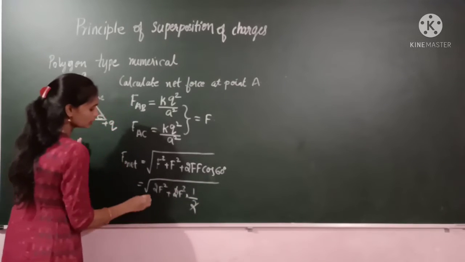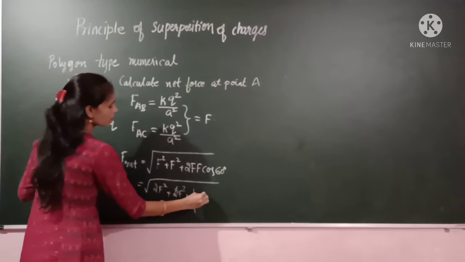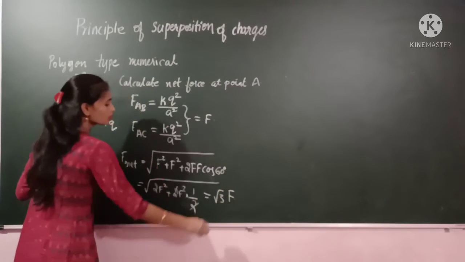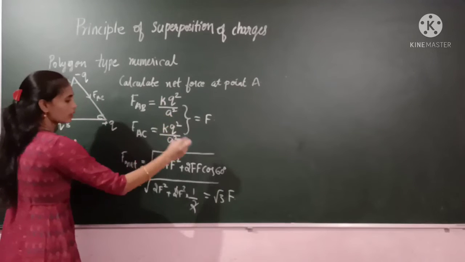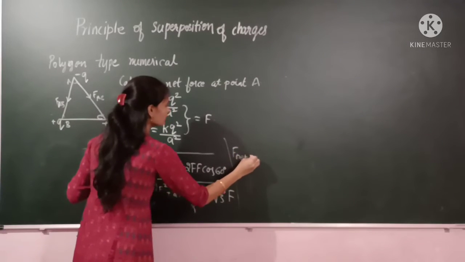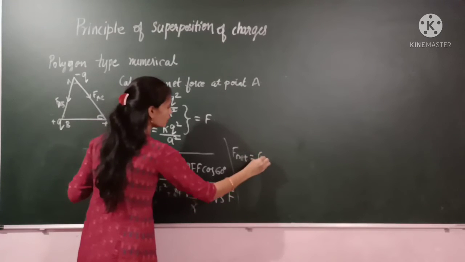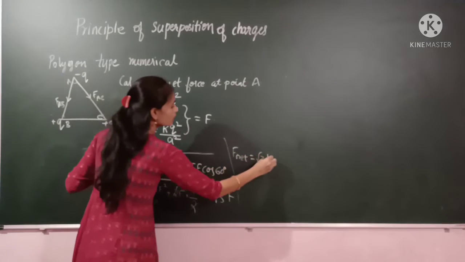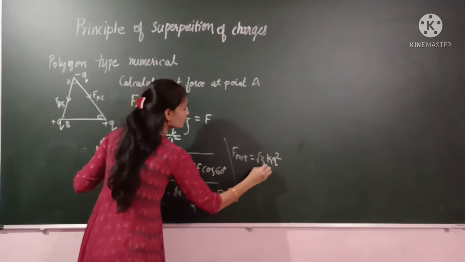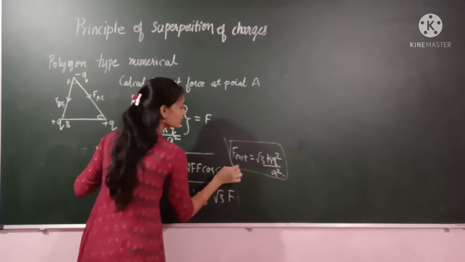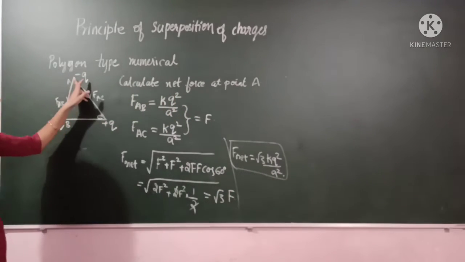The 2 will be cancelled, so 2F square plus F square gives root 3 F. In place of F we can substitute this value. So F net is equal to root 3 times K Q square divided by a square. This is our final answer, our net force at point A.